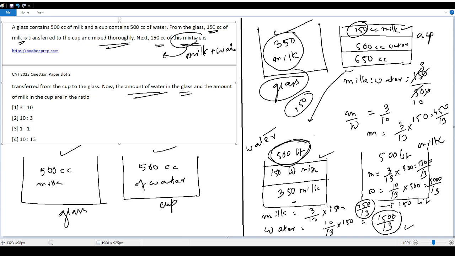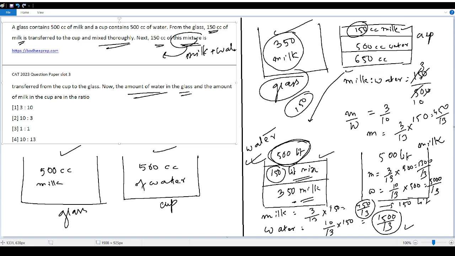Total quantity, remember, not total amount of milk, because now this glass doesn't contain only milk anymore. It has a milk and water mixture. Out of which 150 cc is the mixture, 350 cc is the milk. I need to find out the amount of milk present in this 150 cc.